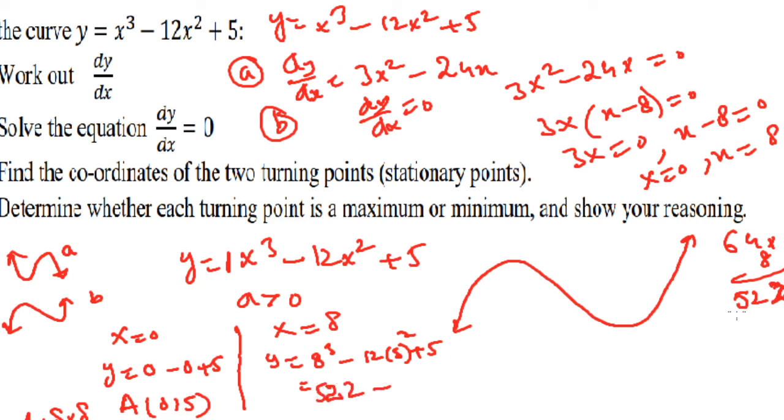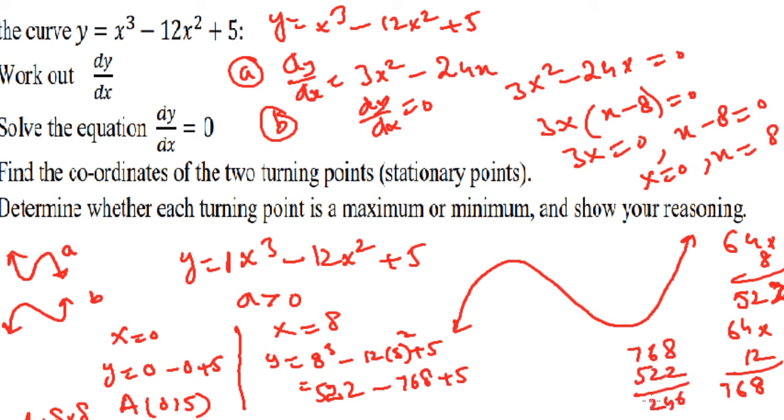Then 64 into 12 is 768. So 512 minus 768 plus 5. I don't have a calculator right now, so I'm doing it mentally.